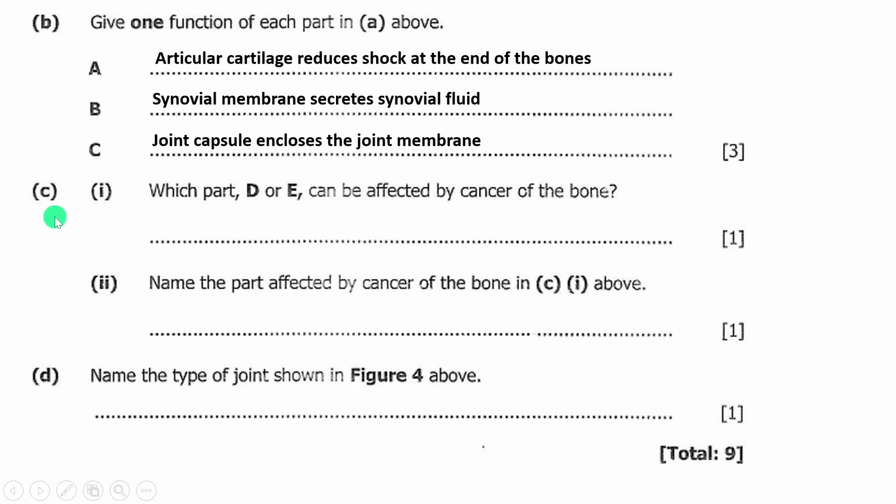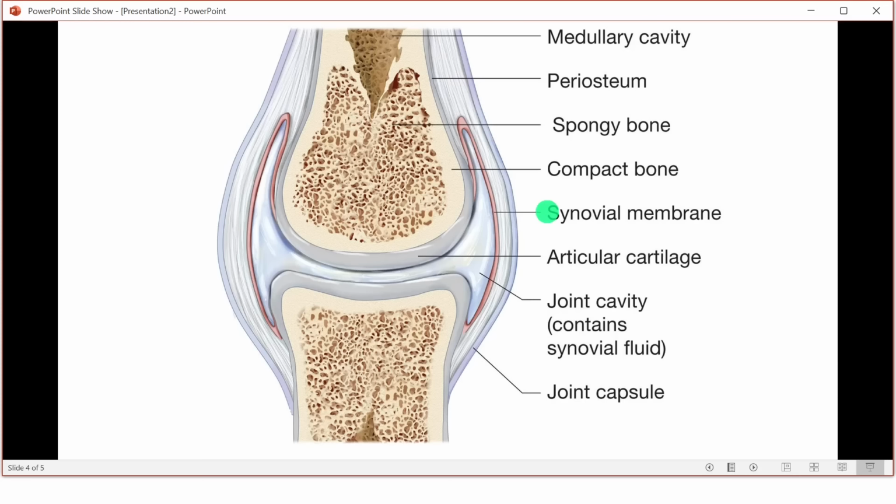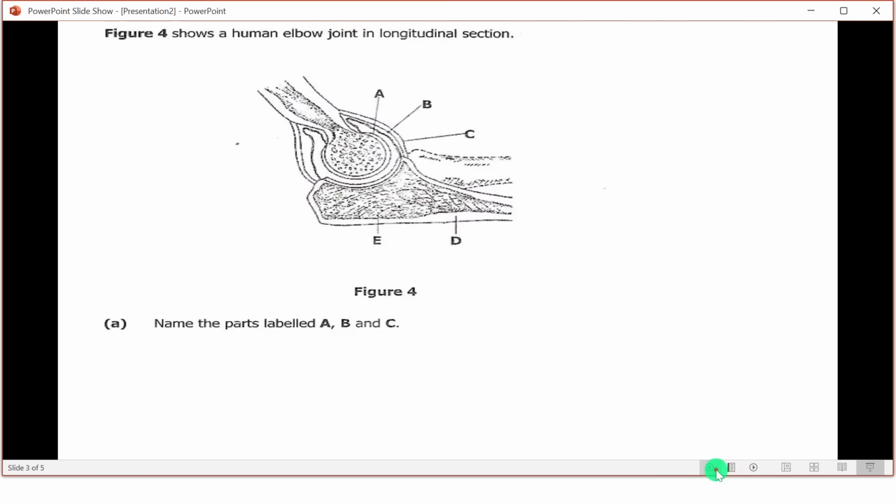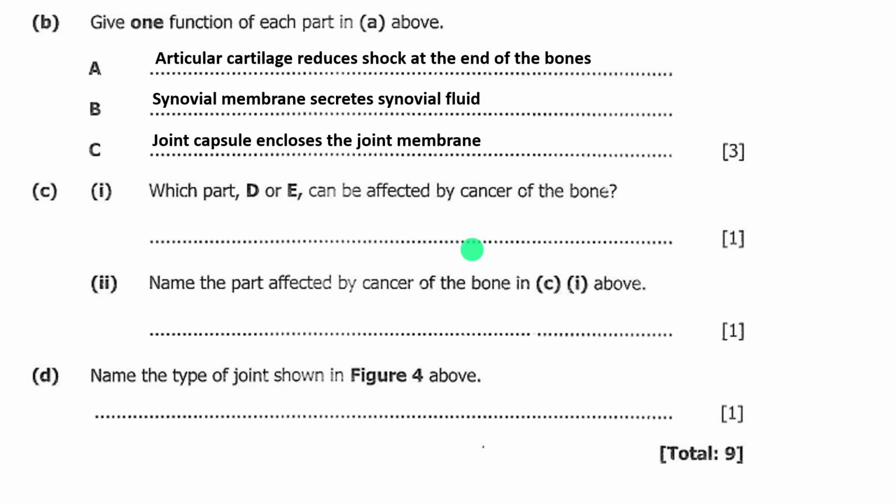Those are the functions. Then part C, part 1 says which part D or E can be affected by cancer of the bone. So here you must understand that the part which can be affected by cancer of the bone is actually E here.